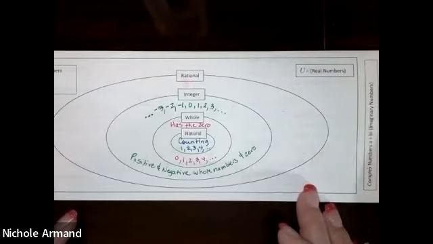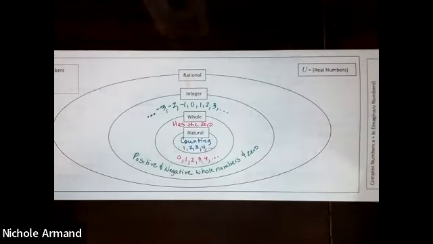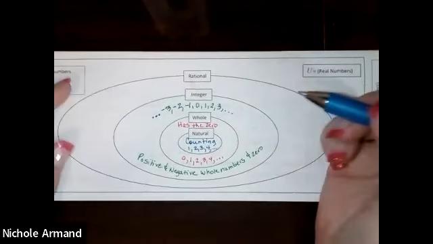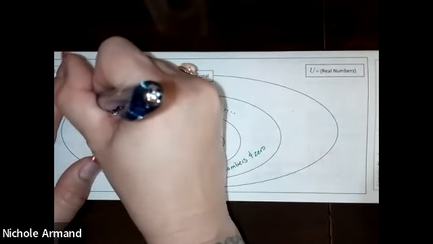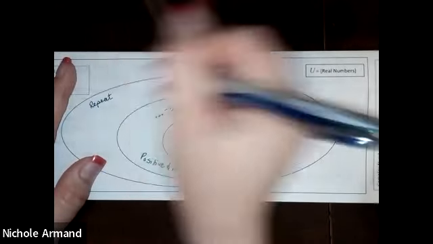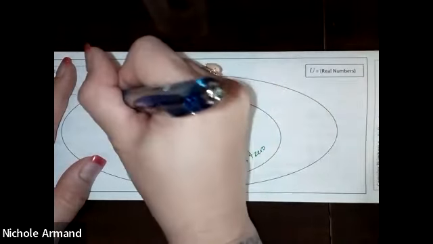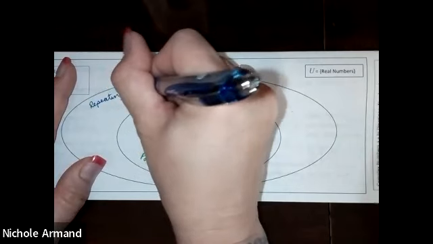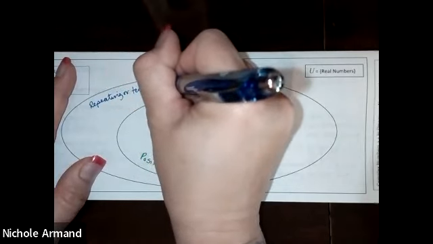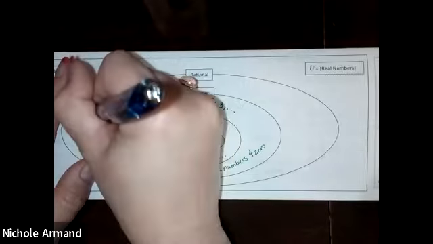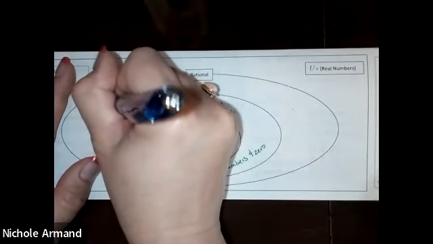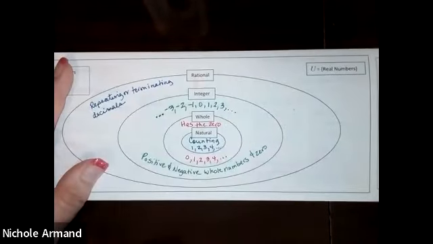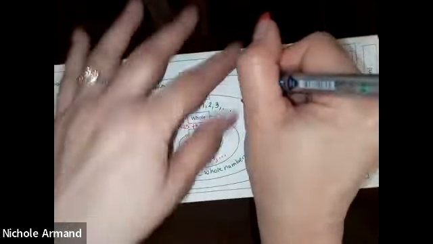Rational numbers can be thought of in a couple of different ways. They can either be thought of as decimals, and these decimals have to repeat or terminate. So repeating or terminating. And then we have fractions.